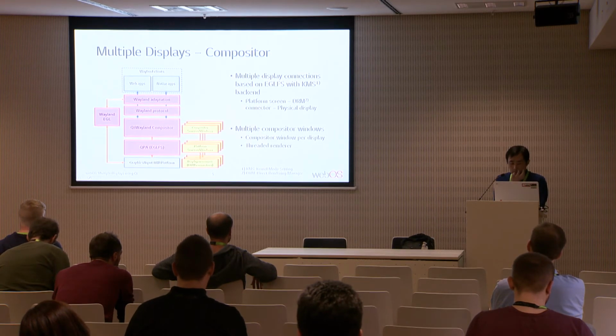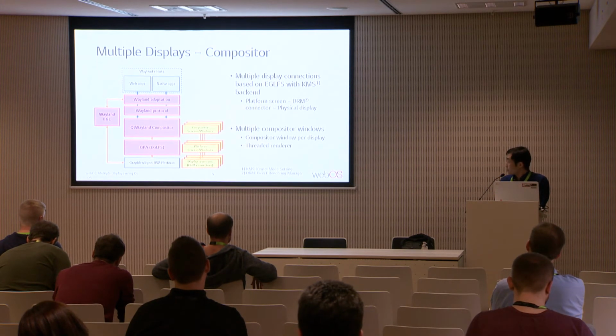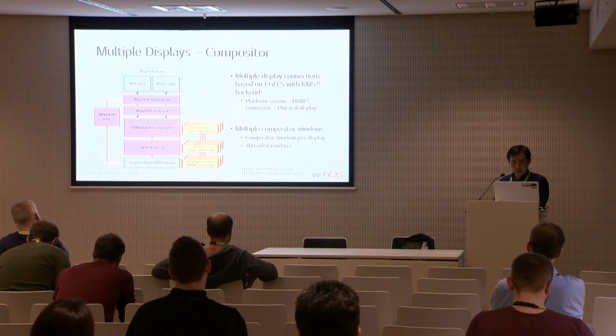Typically, a physical display can be represented by a platform screen in QPA. In this diagram, we have multiple DRM connectors, one DRM connector per physical display. And the platform screens on the QPA side represent display resources and DRM connectors in this case.